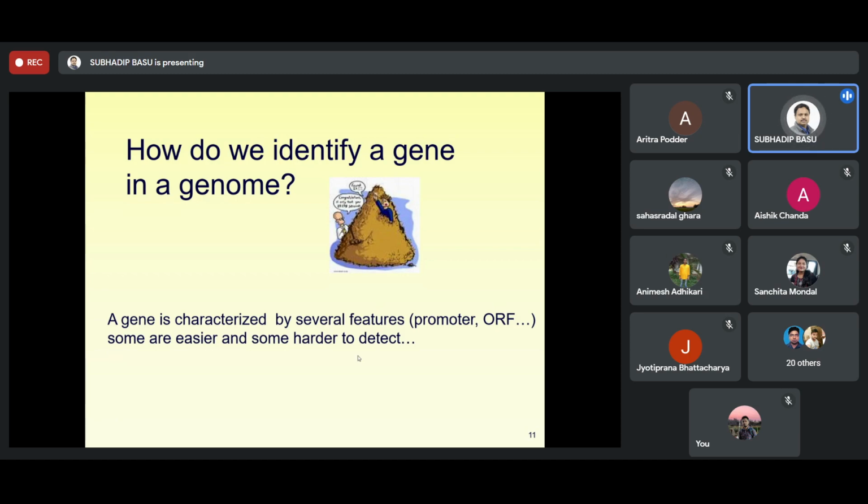So this is just one of many examples of how you can find a gene, a segment that encodes a protein in the genome. Can we identify that?